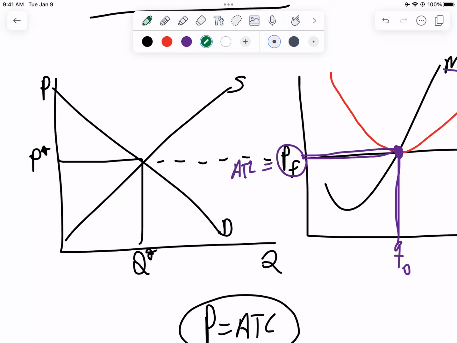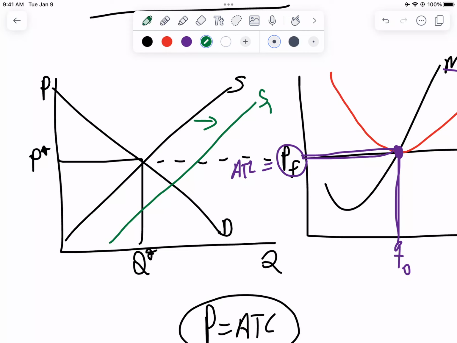Those things that change the demand will change the market. Same goes with supply. So let's say for this graph, we have an increase in technology in the production. That would increase the supply, so we would shift the supply curve.